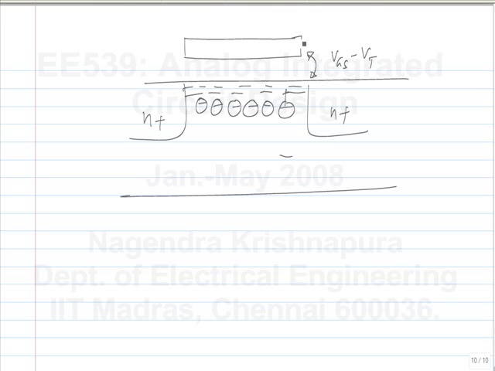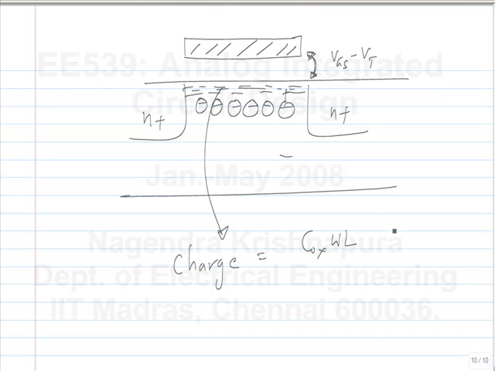The channel is the bottom plate and the gate is the top plate, so the charge in the channel is the capacitance, COXWL, times VGS minus VT. In an NMOS this will be negative and in a PMOS it will be positive. We just take the magnitude anyhow.